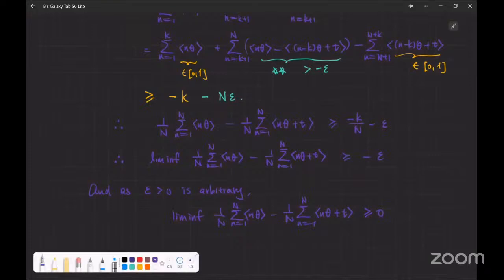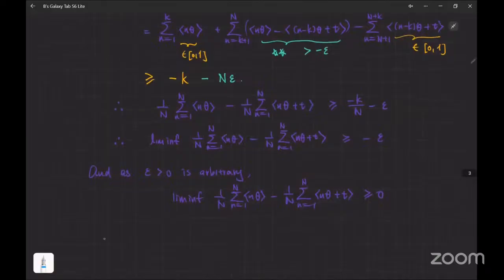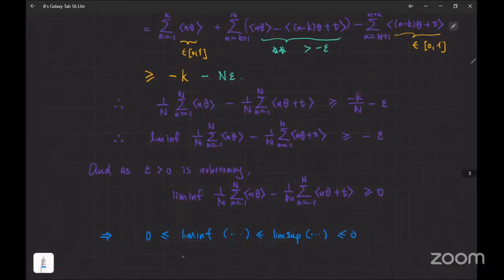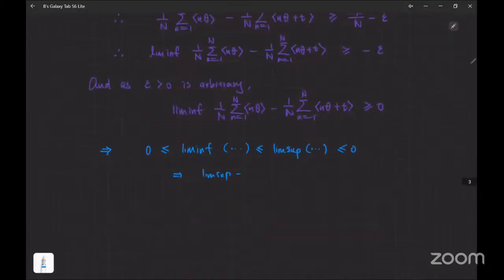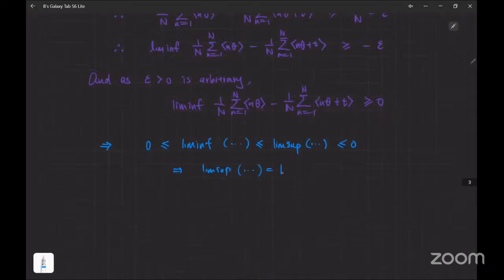So conclusion: 0 is less than or equal to the lim inf of dot dot dot, which of course is less than or equal to the lim sup of dot dot dot, which is less than or equal to 0, which means the lim sup is equal to the lim inf, which is equal to 0, which is the limit. So, yep.